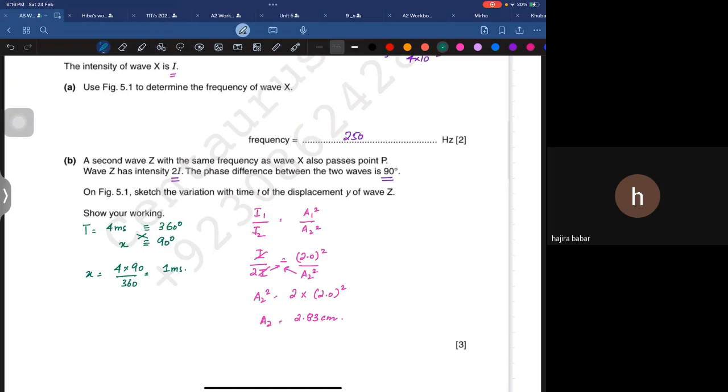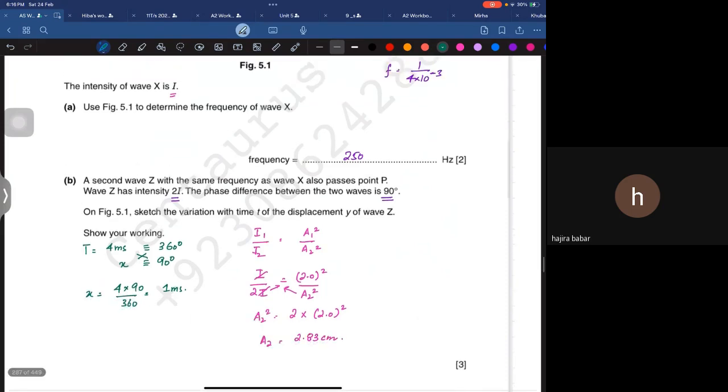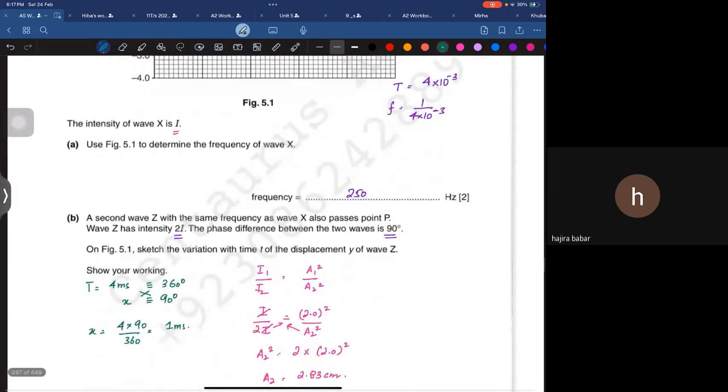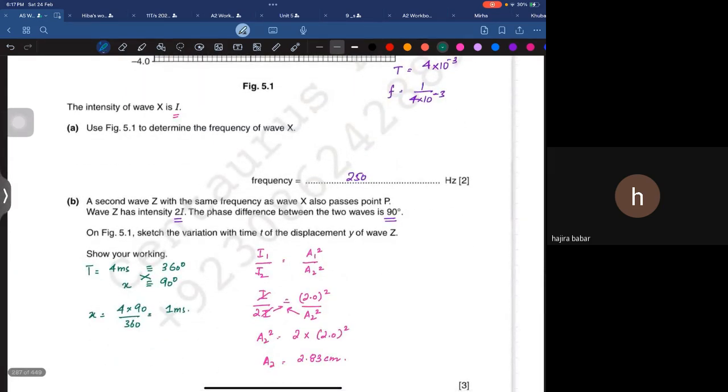Now, what it means is that 1 millisecond means every point. Why is there 360, Asma? Like I said initially, 360 degrees is equivalent to a time period and is also equal to 1 lambda.